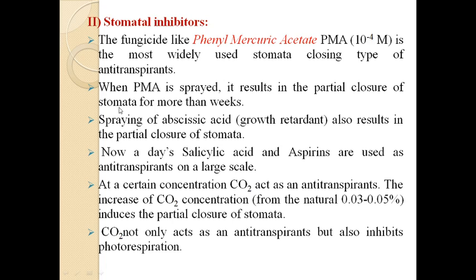When sprayed, it results in partial closure of stomata for more than a week. The second stomatal inhibitor is abscisic acid, a growth retardant and stress hormone. It also results in partial closure of stomata. Nowadays, salicylic acid and aspirin are used as antitranspirants on a large scale. So students, keep these examples in mind.